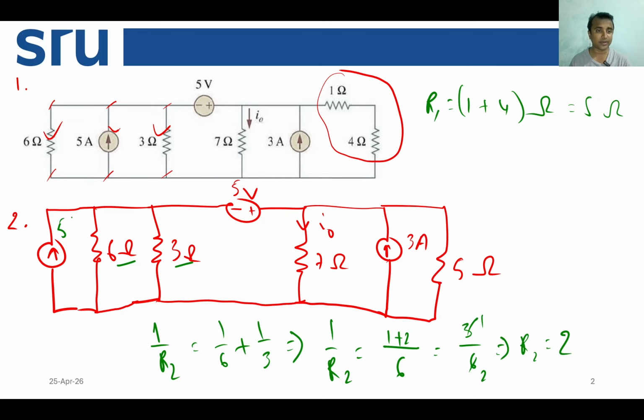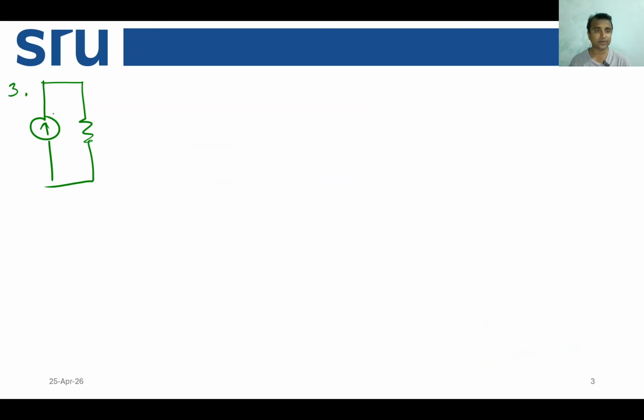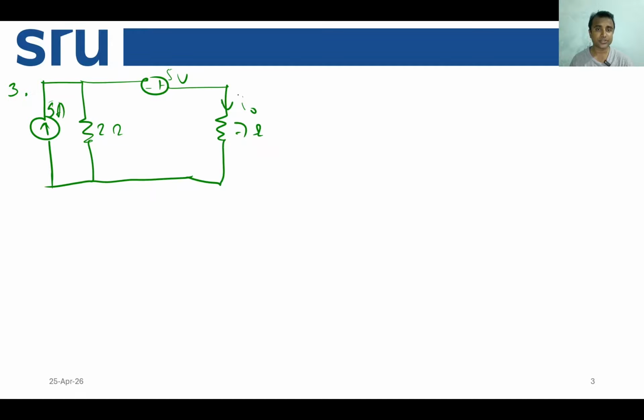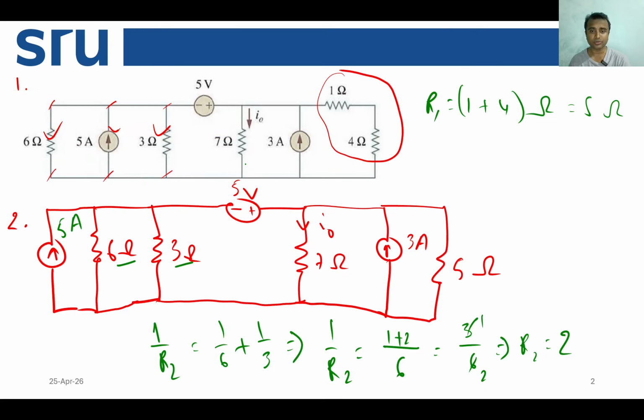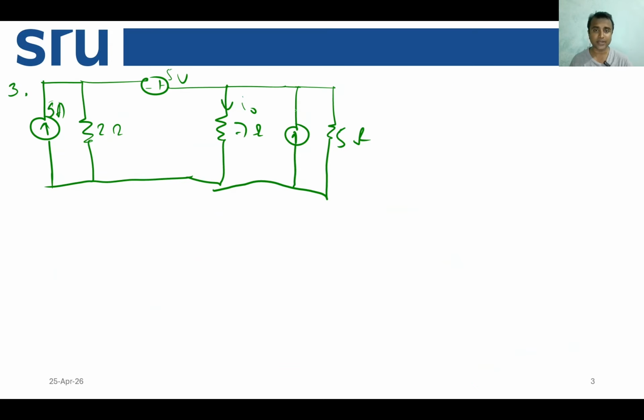The current source was 5 ampere, so this is 5 ampere, this is 2 ohm, then you have a 5 volt source here, and then the same target resistance through which I0 current is flowing, and you have another current source and another parallel resistance, which is actually 5 ohm, right? You need to be a bit more patient because I am writing.